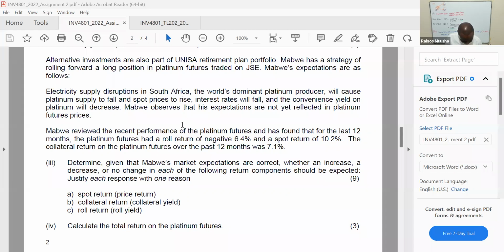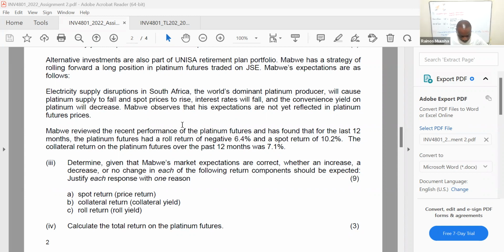From there, they say Mabwe reviewed the recent performance of the platinum futures and found that for the last 12 months, the platinum futures had a raw return of negative 6.4%, a spot return of 10.2%, and the collateral return on the platinum futures over the past 12 months was 7.1%.